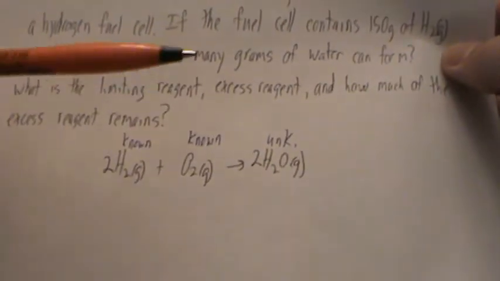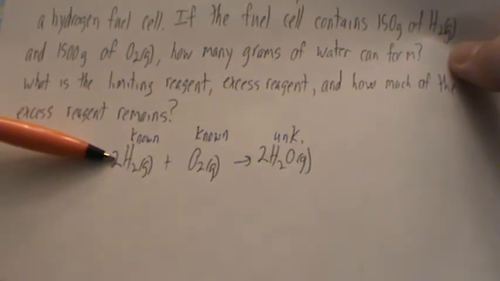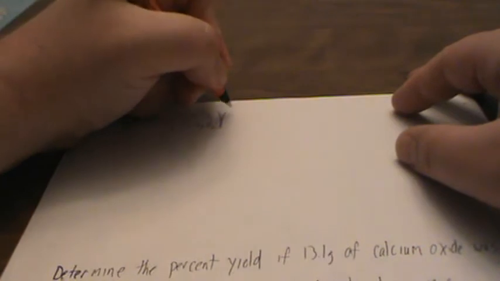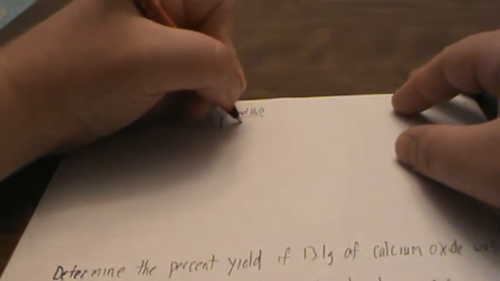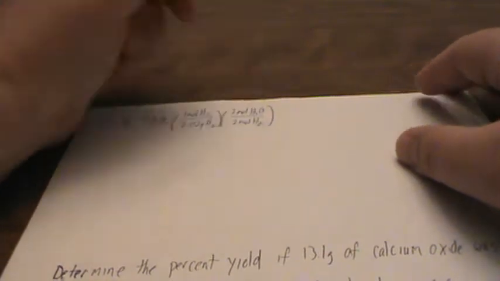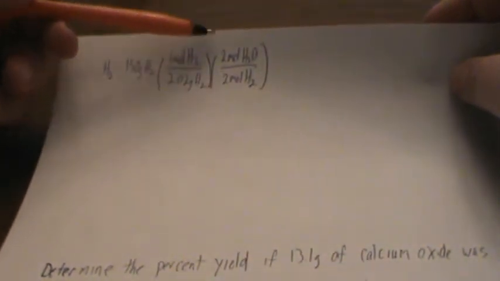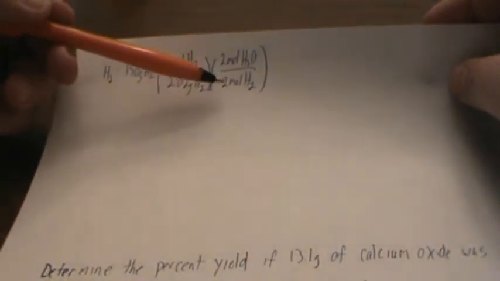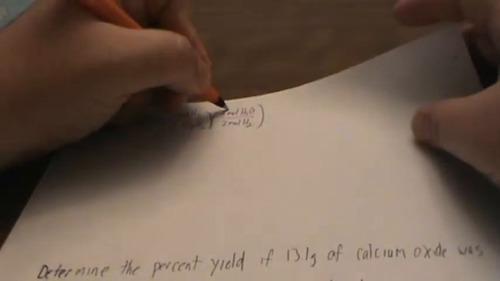So if we look at our reaction, we have 2 moles of water over 2 moles of hydrogen. Now, one of the things I haven't shown you yet, look at our mole to mole ratio, 2 over 2. If you can reduce the mole to mole ratio, by all means do so. So 2 over 2 turns into 1 over 1.